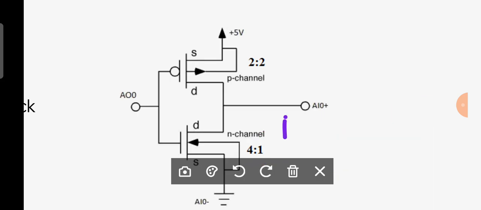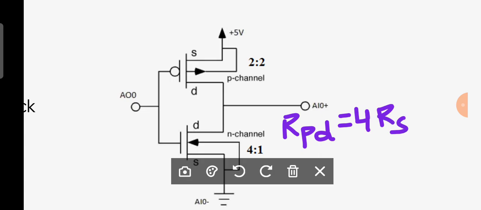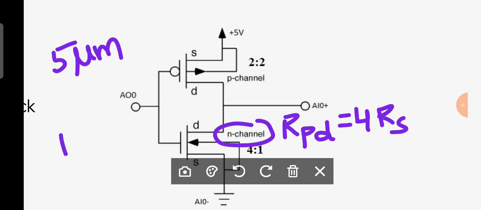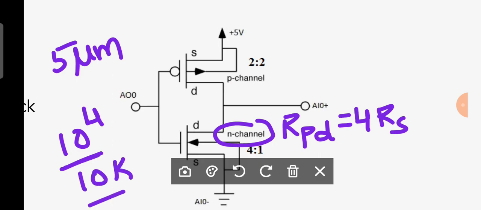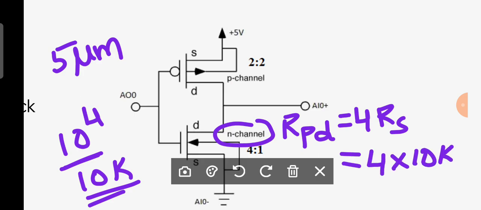Therefore, we can conclude that R pull down is equal to 4 into sheet resistance. What is the sheet resistance for N channel? If it is a 5 micrometer technology, absolutely 10 to the power of 4. That means 10 to the power of 4 means 10 kilo. I hope you are clear. Therefore, 4 into 10 kilo ohms, which is equal to 40 kilo ohms.